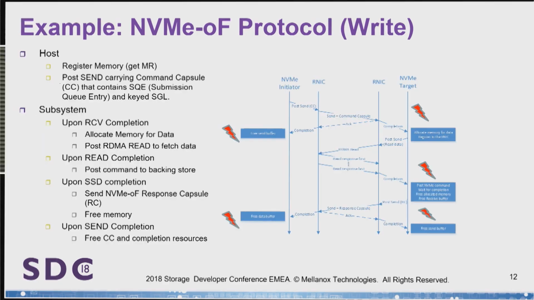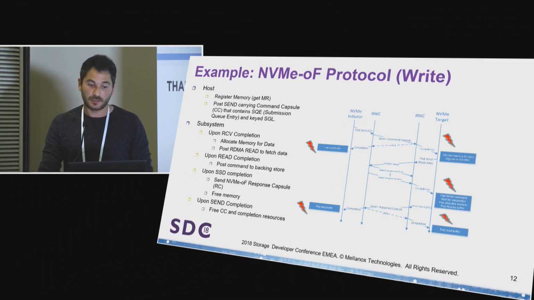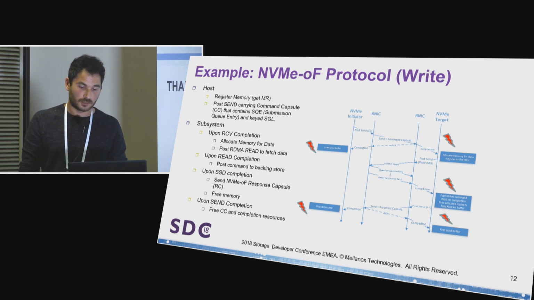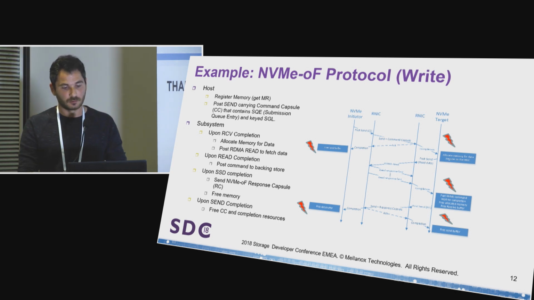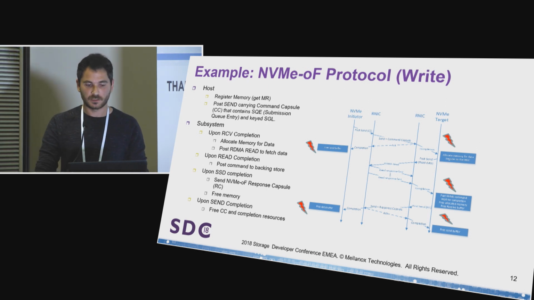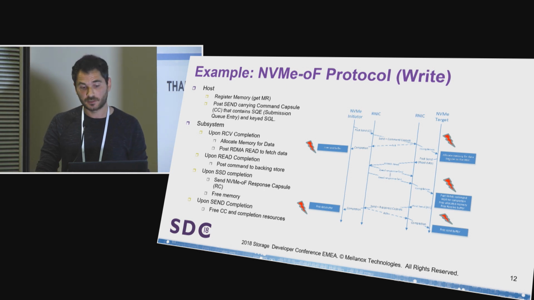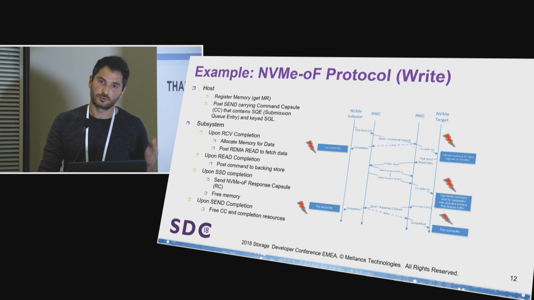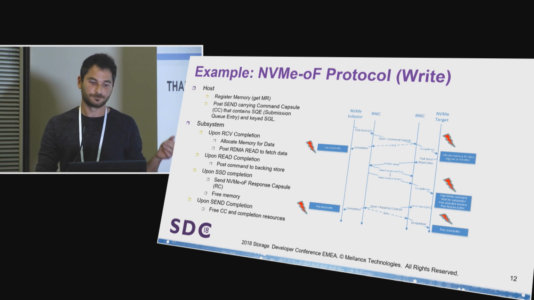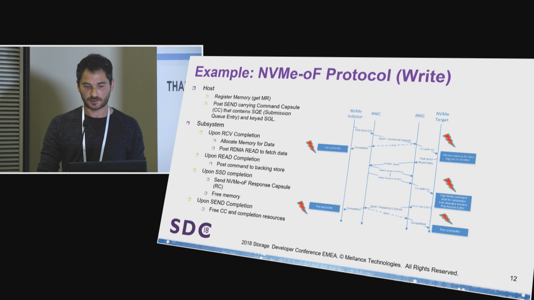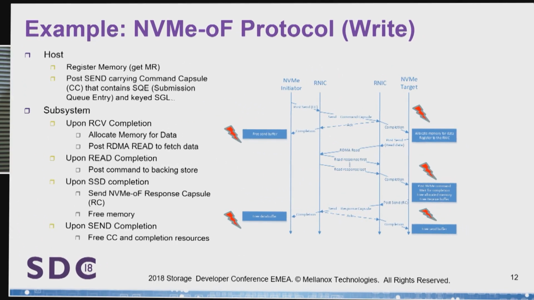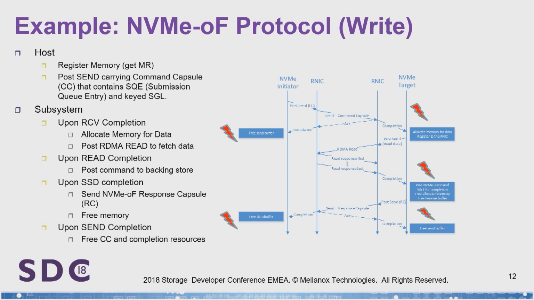I want to show a fast example of how an NVMe over Fabrics transaction works using RDMA. When the host generates a request and sends it to the NVMe over Fabrics initiator driver, the initiator driver registers the memory and sends a command capsule that contains the submission queue entry and some description of the data that should be transferred, and posts a send operation to the other side.